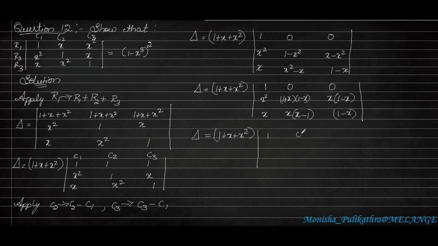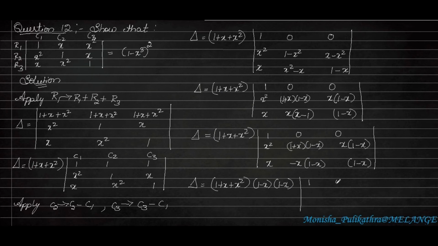So it will become 1, 0, 0, x square as it is, 1 plus x and 1 minus x. Here x into 1 minus x. Here x and minus 1 common. If I take minus common, it will become 1 minus x and 1 minus x. Next I will be taking 1 minus x from both the rows, the second and third row. So it will become 1 plus x square and 1 minus x and 1 minus x.